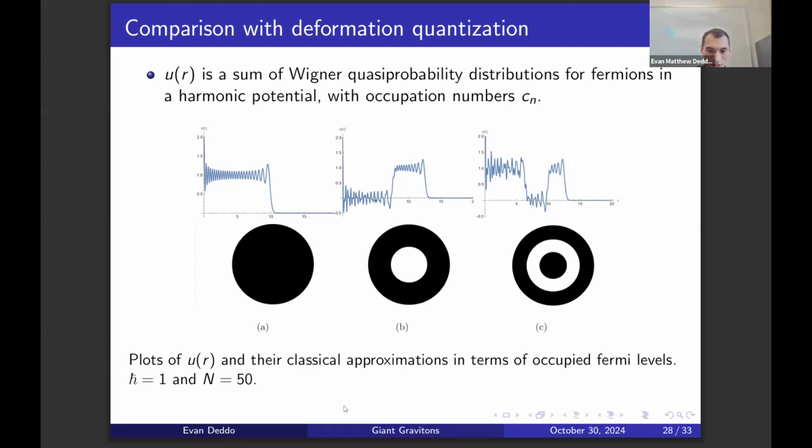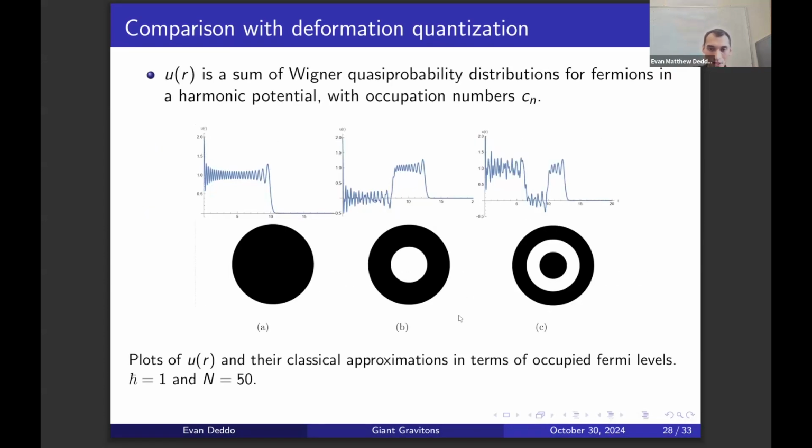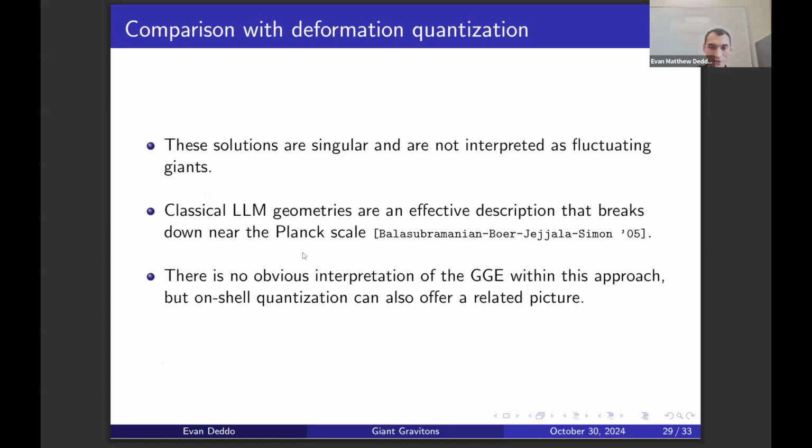And then we had some other connection to this, where we looked at other ways of reproducing the index by looking at other configurations of giants. But this is just a different method of quantization.